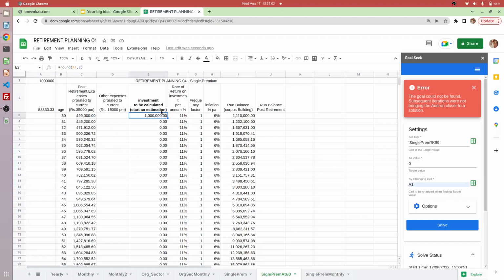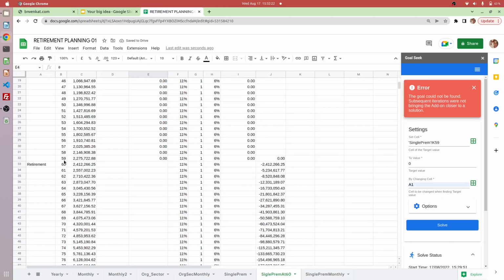The first field with investment has to be from this. But now we are not starting at 0. Instead of starting at 30 years, we are going to start at the 60th year. Therefore, let us take this figure as 0.